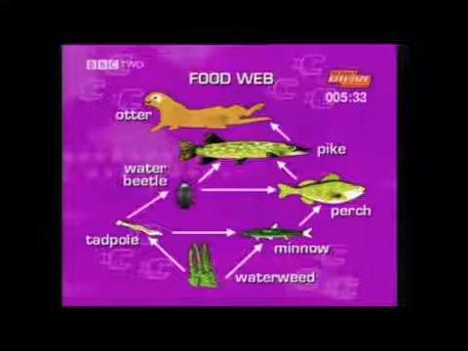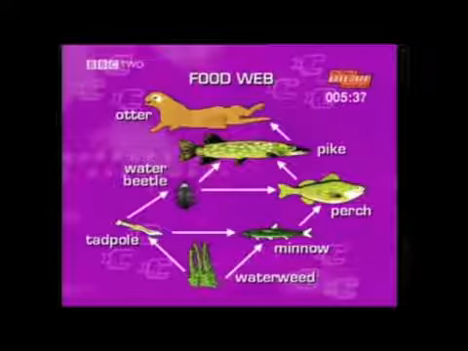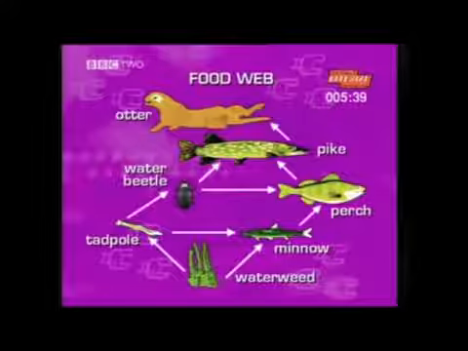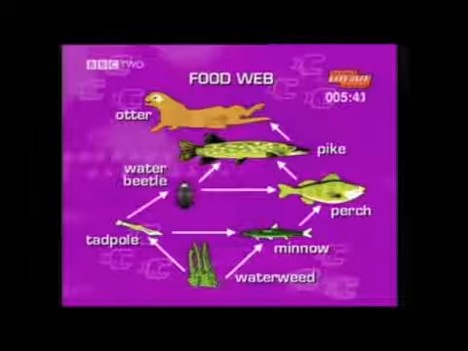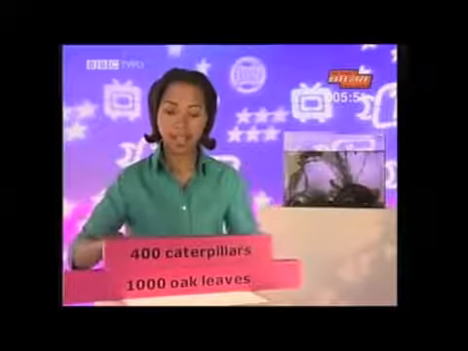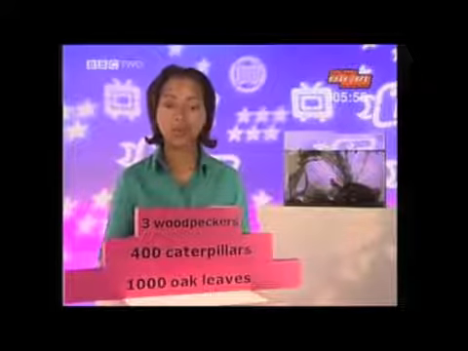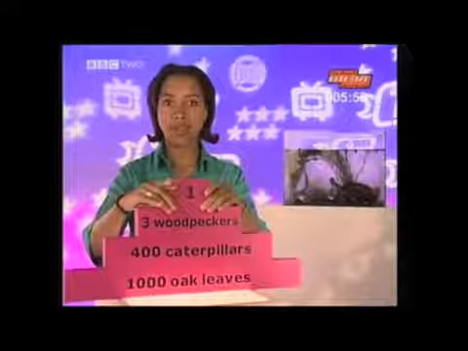These arrows also represent the direction of energy flow through a habitat. And as you go up a particular food chain, the number of organisms decreases. So if we look at another food chain, we can start with leaves that are eaten by caterpillars, and then woodpeckers, and finally the top carnivore is one kestrel.